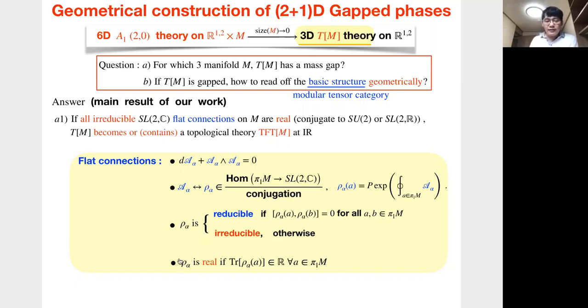And this SL2C flat connection is called real, meaning it is conjugate to an SU2 or SL2R flat connection, if the traces of all holonomy matrices are real. So this is the condition.